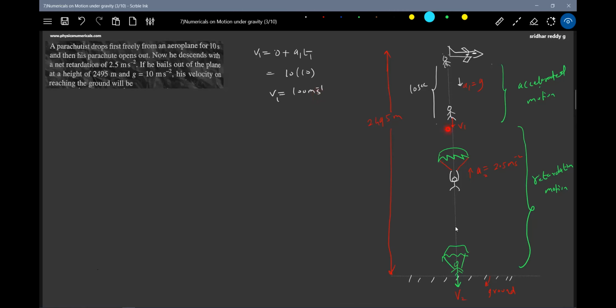Then afterwards, he is having v1. Then he will descend a certain height. Can we calculate that height?